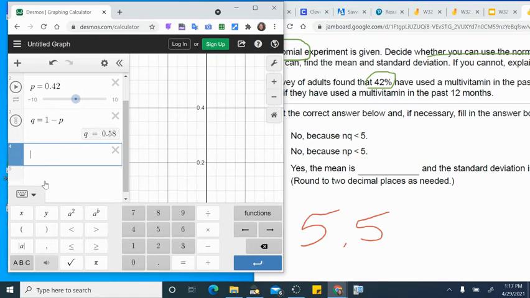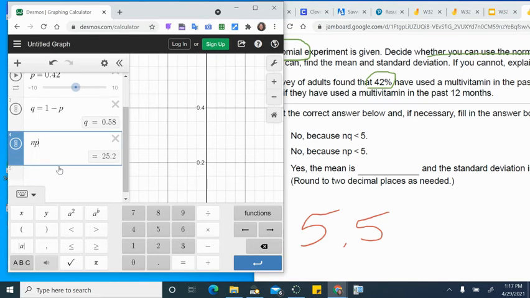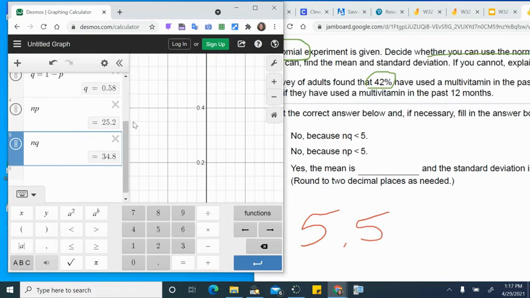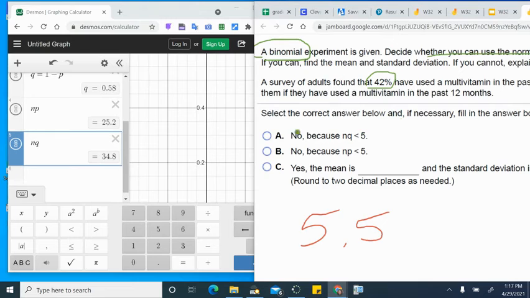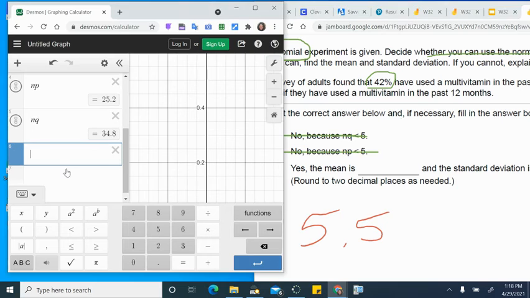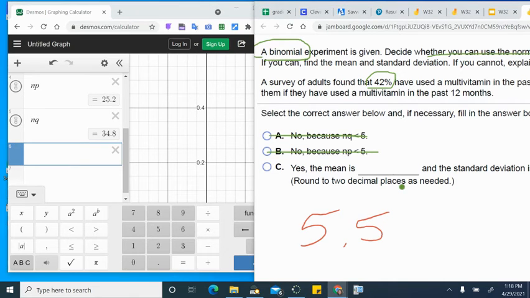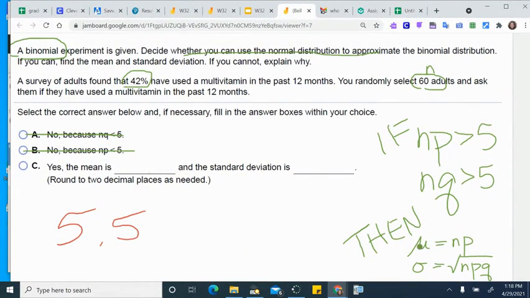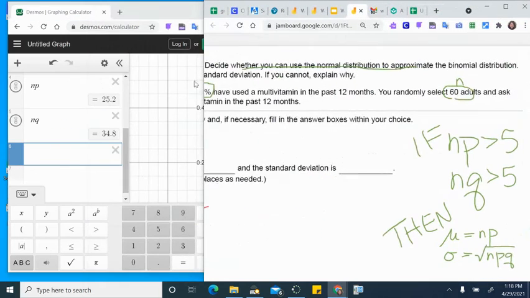So now I need to check NP and NQ. I'm literally going to type NP, yep, that's bigger than 5. NQ, yep, that's bigger than 5. So yes, we can, because NP and NQ are both big enough. And then to find the mean, we said over here, using our formula sheet, that if this is true, then the mean is NP. Well, NP was 25.2.